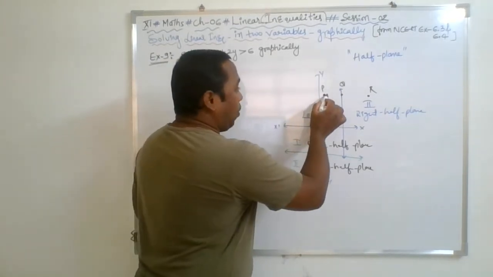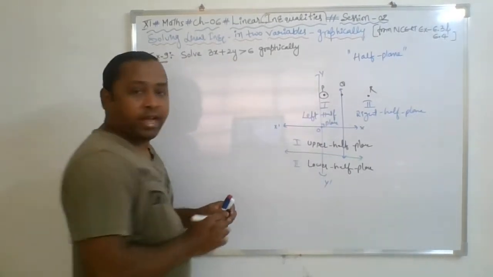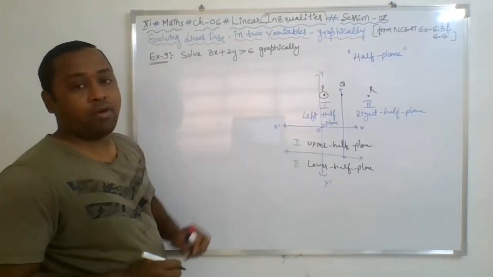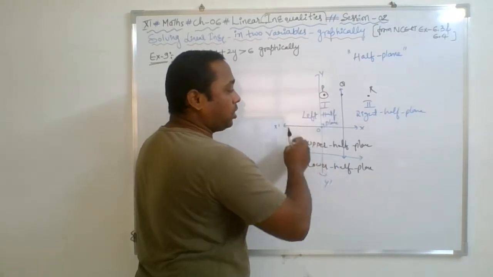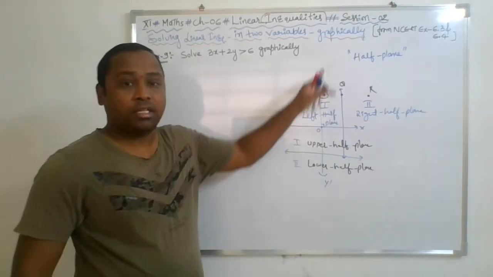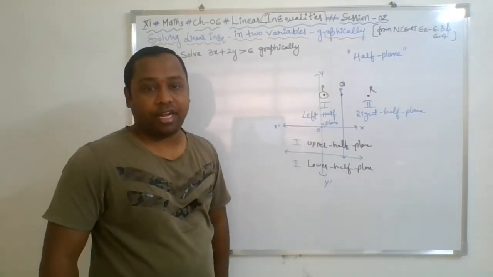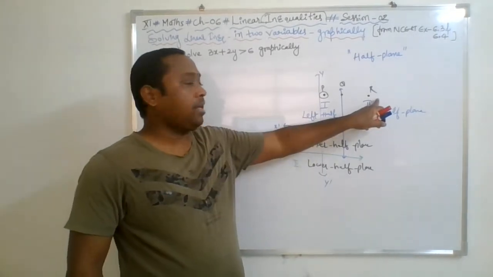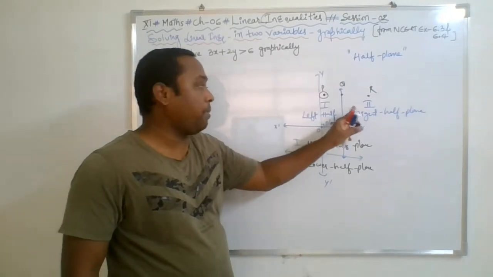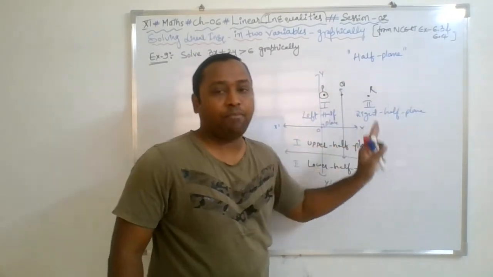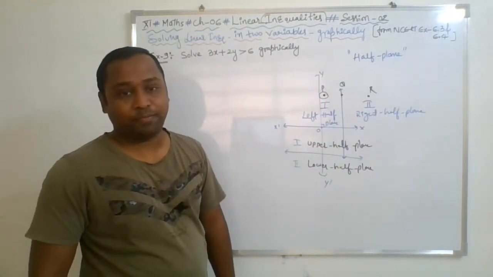So if the point P is satisfying this inequality, it means the left half plane is the solution region for this vertical line. If R is a point which satisfies the inequality, it means the right half plane will be the solution.